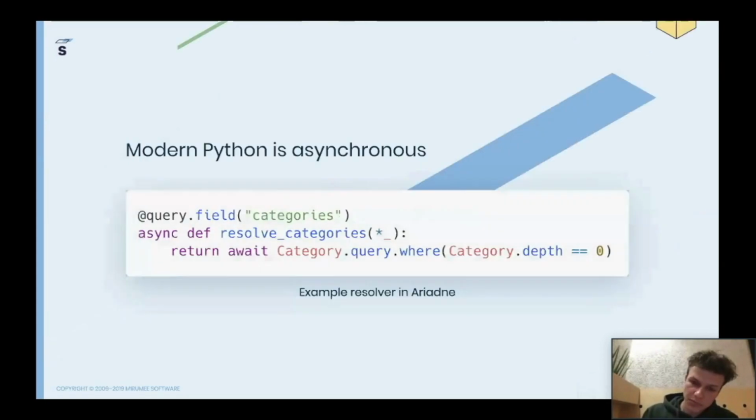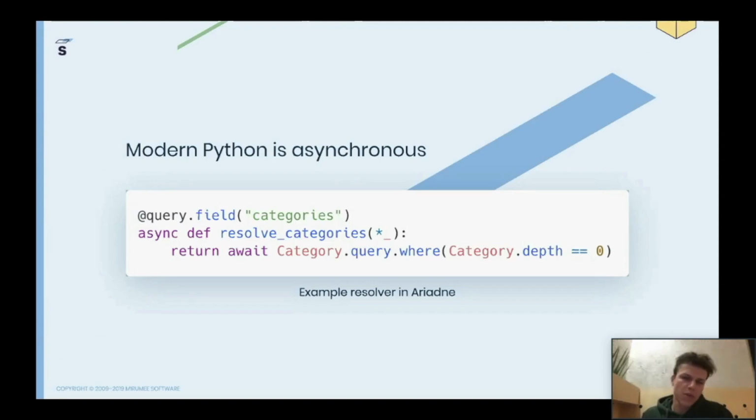What I also want to show here is how modern Python looks. For example, this is Python 3.8, the newest version now. You have async await support in Python, so you can do all of the asynchronous stuff right now. It wasn't available when Django was created, but now it's totally doable.